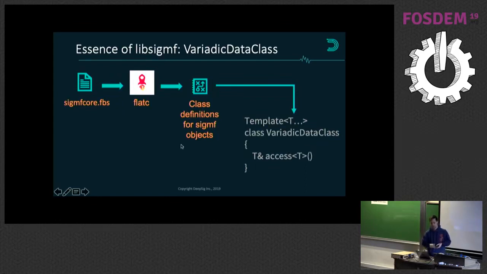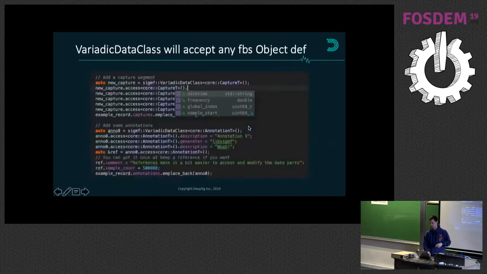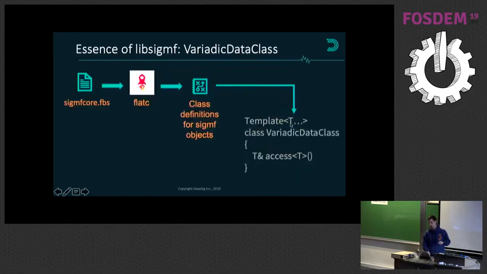So the options we give the flatc generator produce just the actual object that has all the fields exposed, so you don't have to go through generator types. And then this is just a variadic. This actually shouldn't be a capital T over here, but ignore that. It's not actual C++.